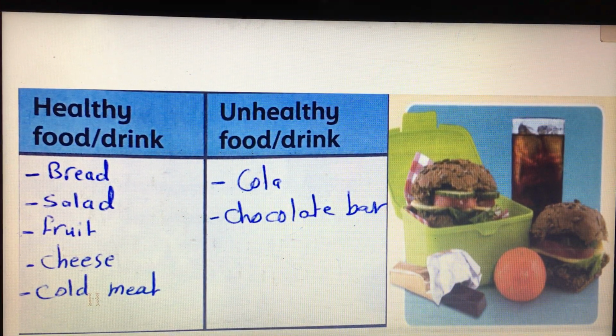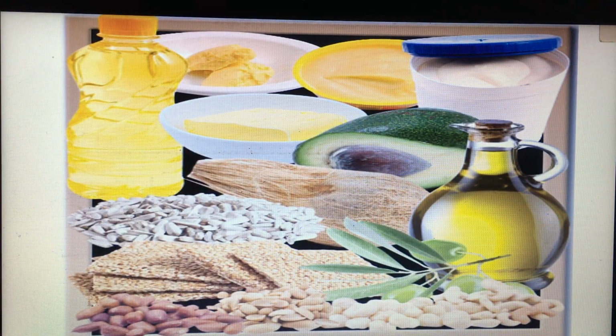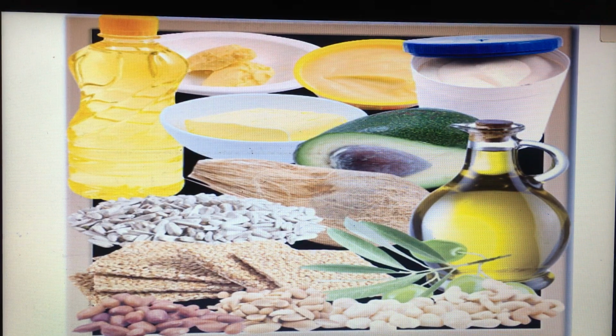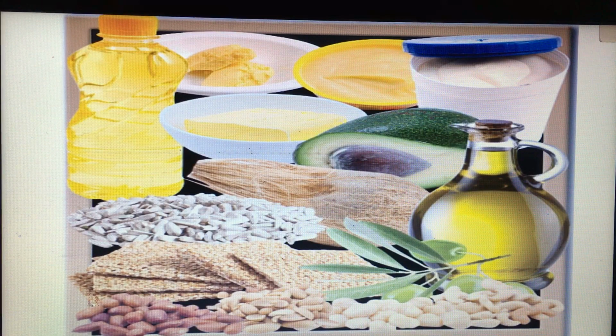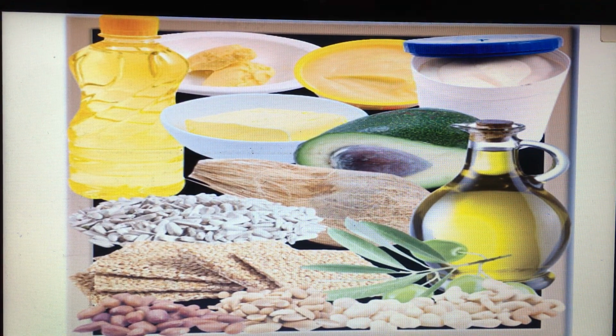Okay. Now focus on this picture. What is the food group here? We have oil, we have nuts, another type of oil. So, excellent. It's fats. You have to know that we need to eat some fatty foods to keep us warm and also to give us energy.